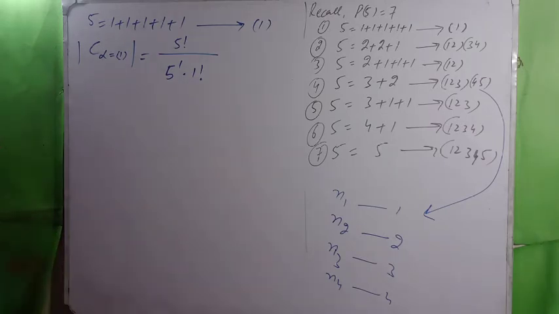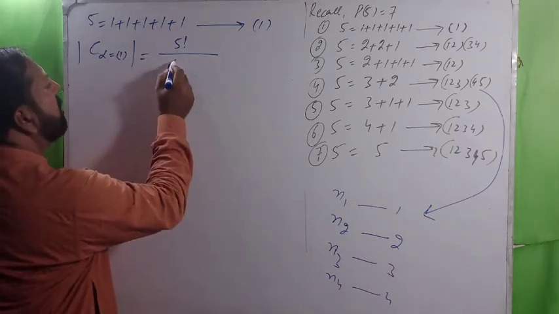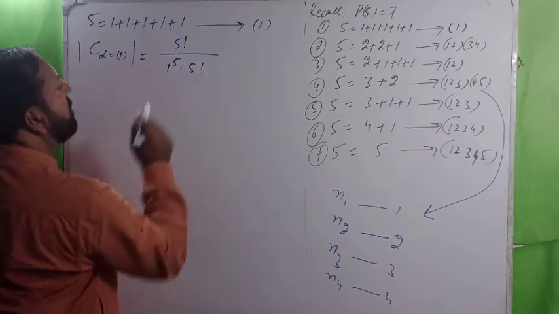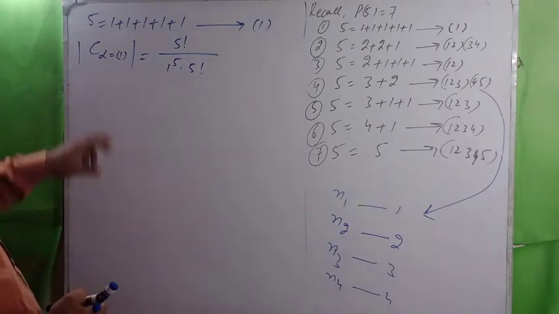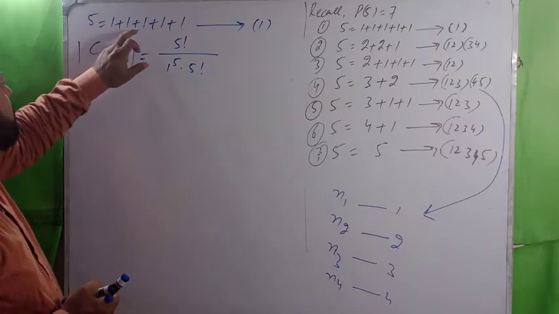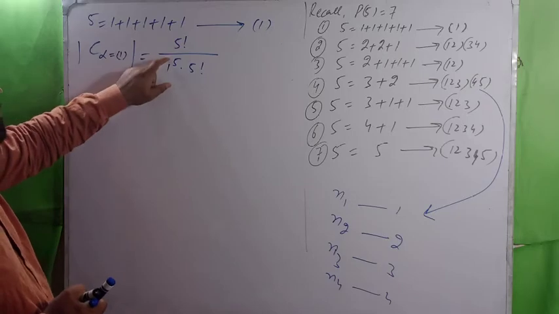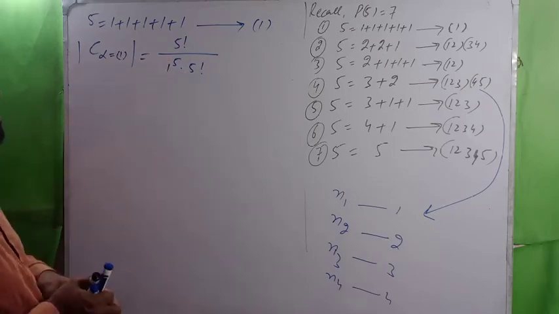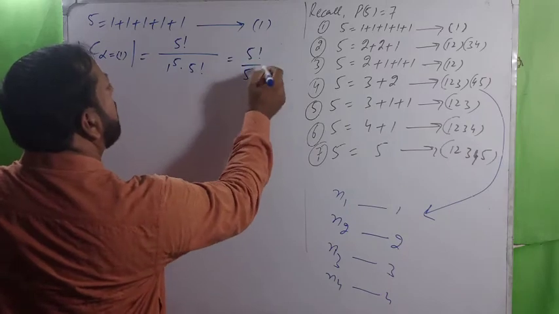Am I right? Sorry, this is 1 power 5 into 5 factorial, because the size is 1 and it appears 5 times. So 1 power 5 into 5 factorial, and this is equal to 5 factorial over 5 factorial, which is 1.